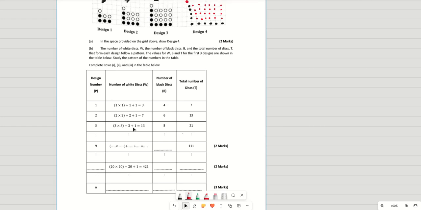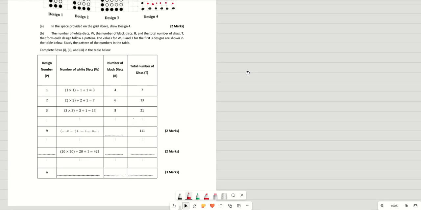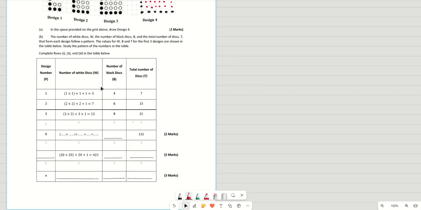When I see a table like this, what I like to do is find n first, and then when I have that, I can solve for the rest, right? So when you look at the white discs, let's put this in black, we see there are 1 2 3 4 values, right?